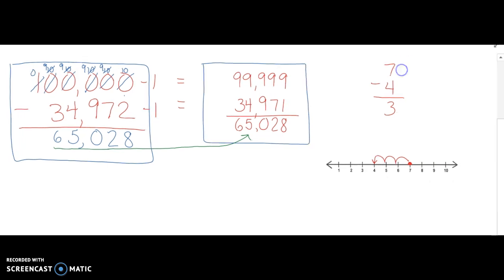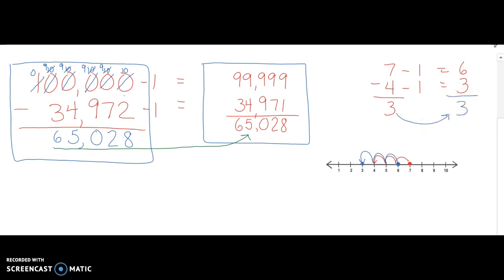Well, if we subtract 1 from 7, we'll have 6, and subtract 1 from 4, we'll have 3. Let's see what that would look like on the number line. Let's start at 6, and let's go back 3. 1, 2, 3. My answer is 3. These two are the same.